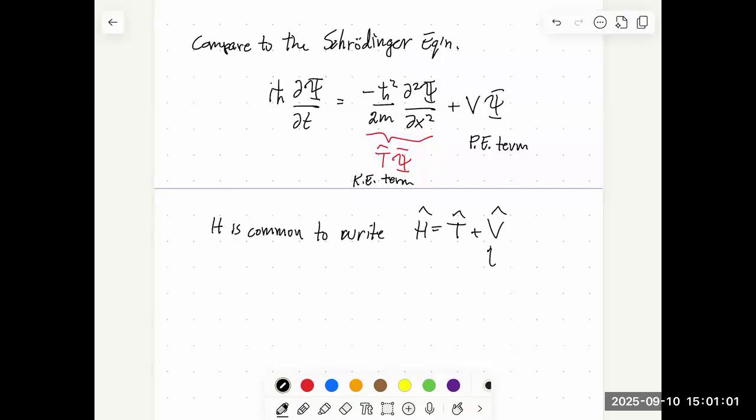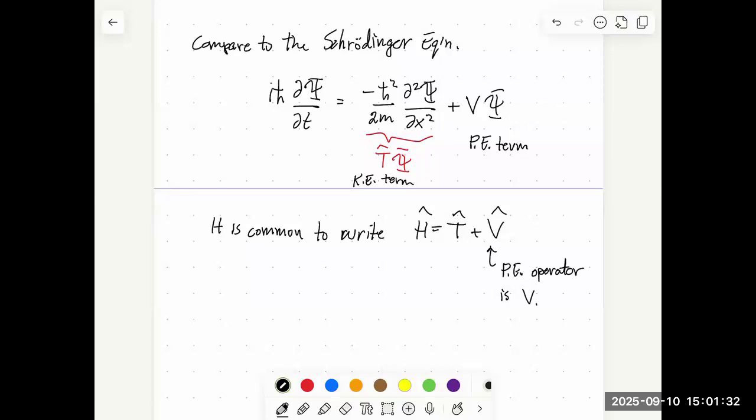So our potential energy operator is just V. The reason that they give the symbol H is because when you take the advanced mechanics course next term, that's Physics 328, you'll talk about Hamiltonians, and Hamiltonians are the sum of kinetic and potential energy.